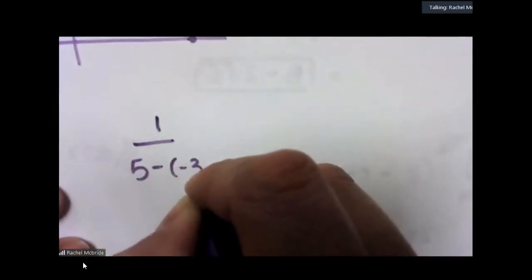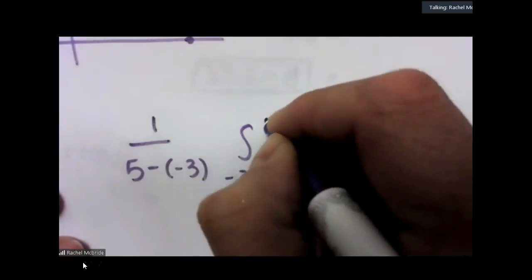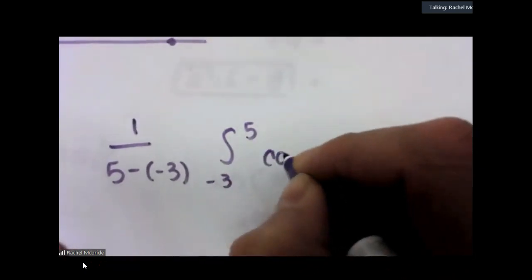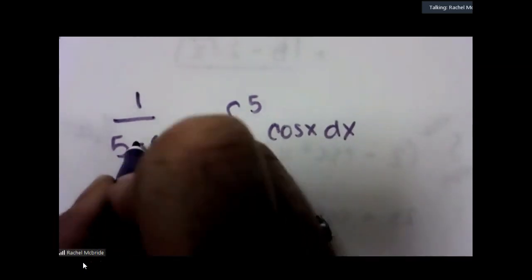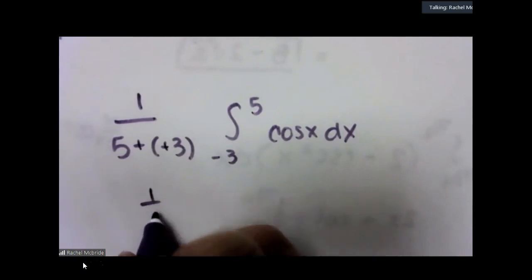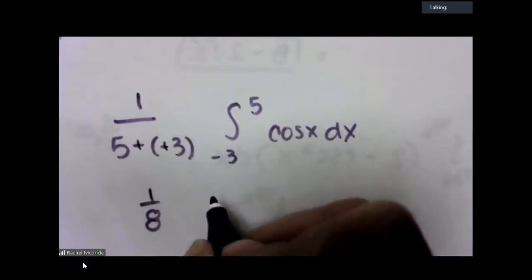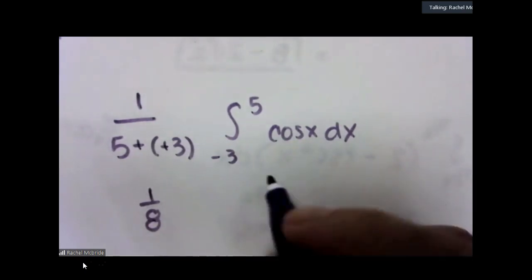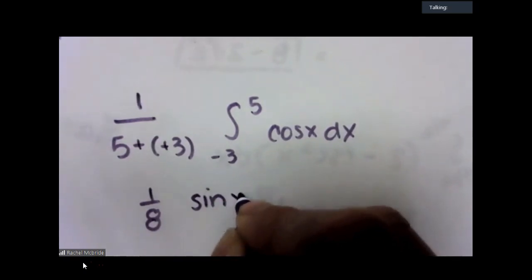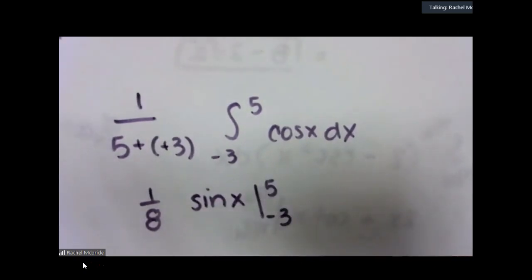Okay, so the average value of the cosine, so that's 1 over b minus a, integral of a to b of cosine x dx. So minus a minus becomes a positive, so you got 1 over 8. And then because the antiderivative of cosine is sine, that was sine x from 5 to negative 3.